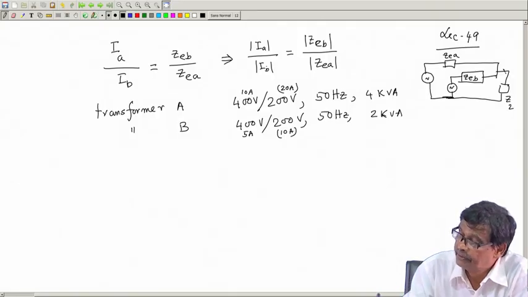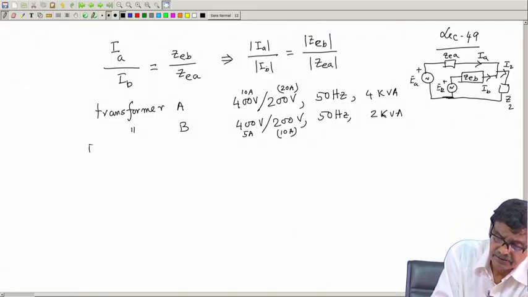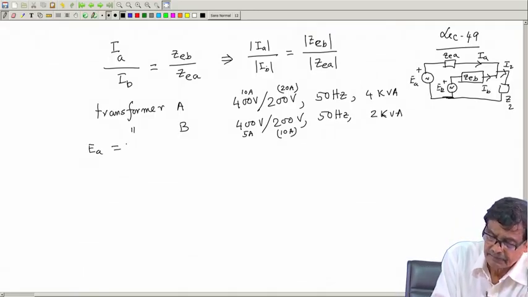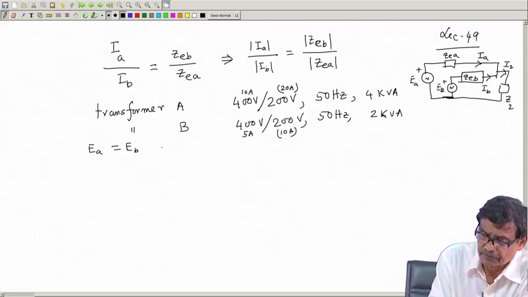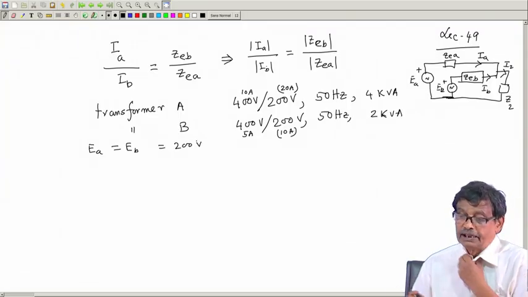And this is what I told you, I2 load, and this is IA and this is IB, and this is EA, this is EB, and assume EA is equal to EB. That is, both are 200 volt. Okay. So, that is fine.